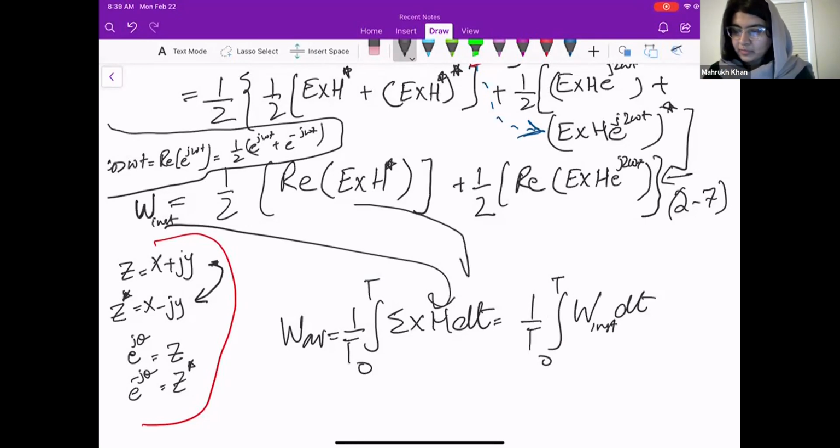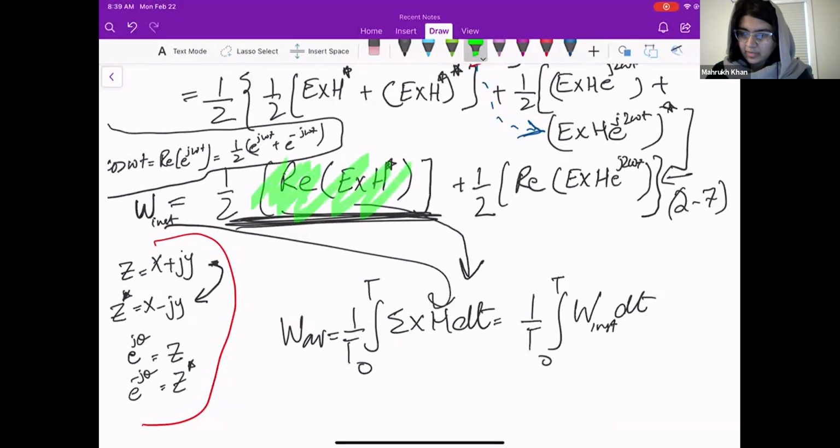What will happen to this term? What do you think? Because it's not dependent on t right now, right? This quantity is not dependent on t, so when I put that in, it will give me T, right?